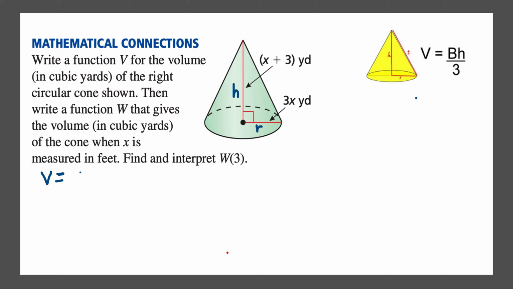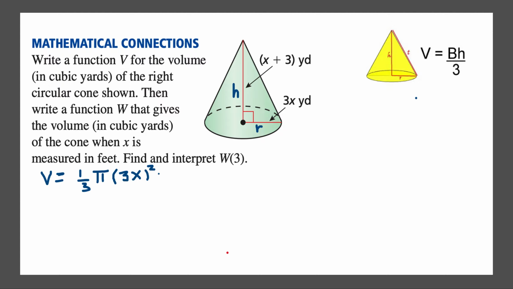And now if we are writing here, it is going to be 1/3. And the base is going to be the circle here, which is pi r squared. So it is pi times r squared, but r is 3x, so r squared is 3x squared.